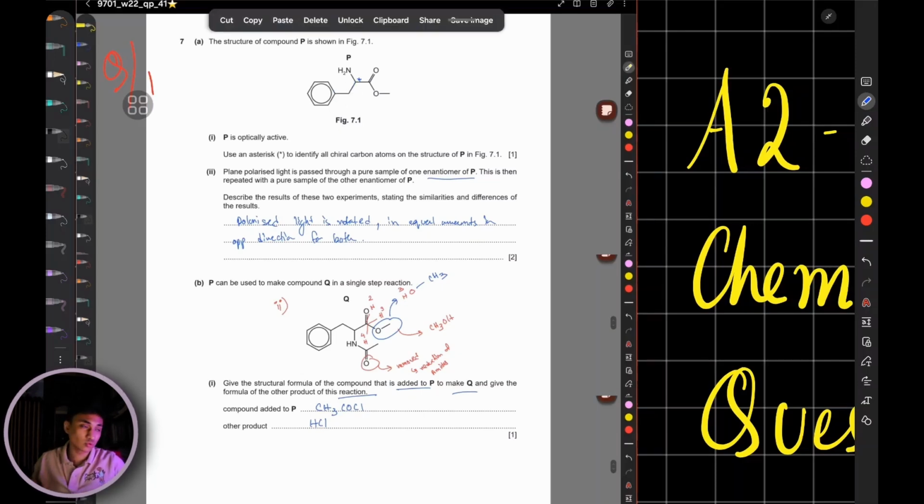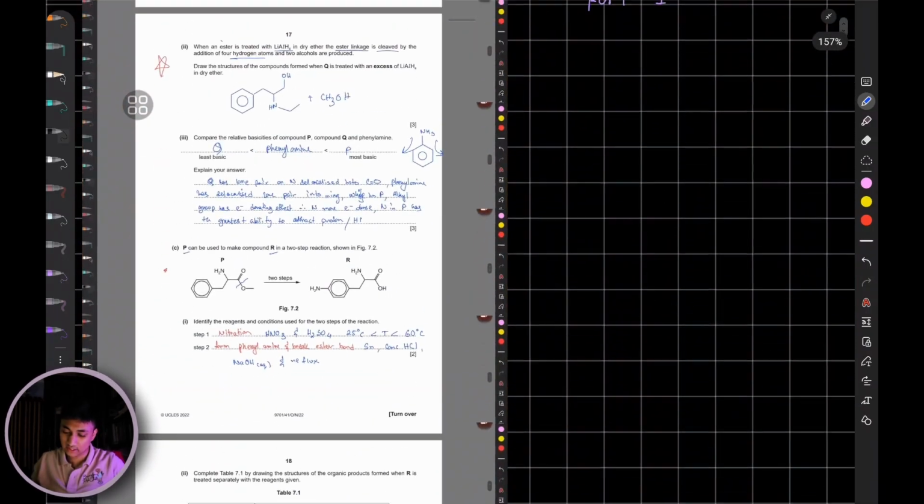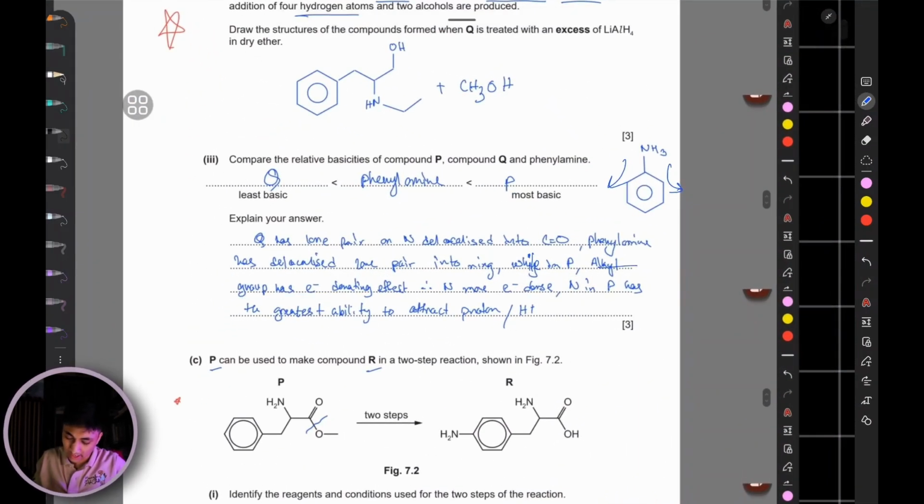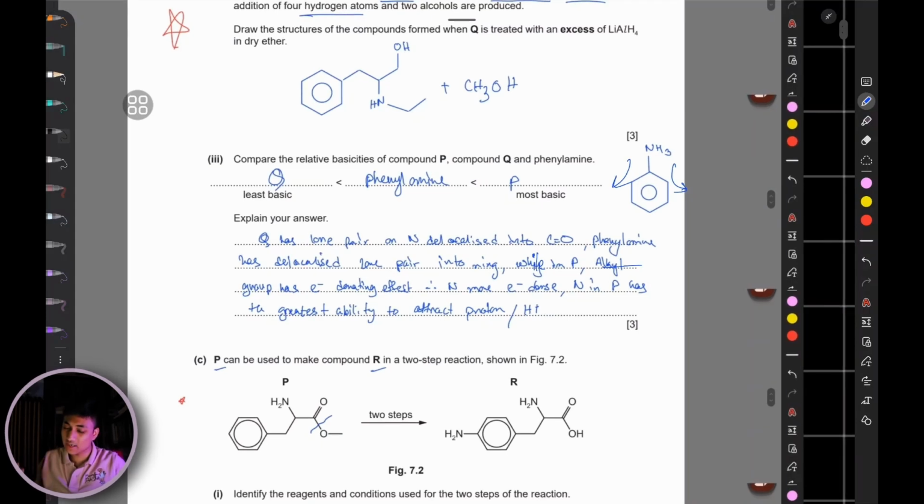These carbon atoms are going to have an electron donating effect. Fair enough. So while in P, the alkyl group has an electron donating effect. Therefore, nitrogen will have a more electron dense environment, which is why it is able to pull the H plus ions better, right?